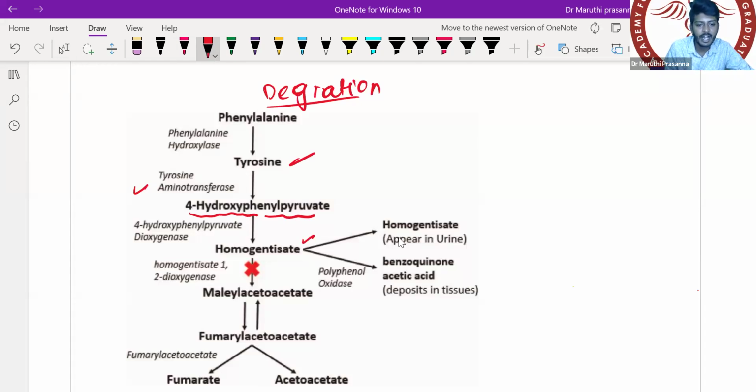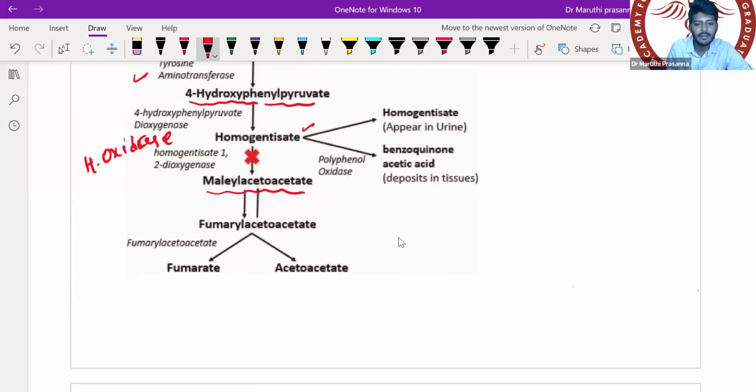Now this homogentisate, under the influence of homogentisate oxidase, will give rise to maleylacetoacetate. That will give rise to fumarylacetoacetate. This fumarylacetoacetate, under the influence of fumarylacetoacetate hydrolase, will break into fumarate and acetoacetate.